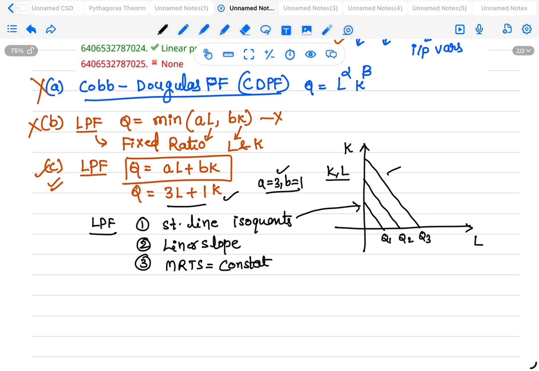The general formula is MPL, the marginal product of labor, divided by MPK, the marginal product of capital, or the change delta K by delta L. The next property is perfect substitutes.